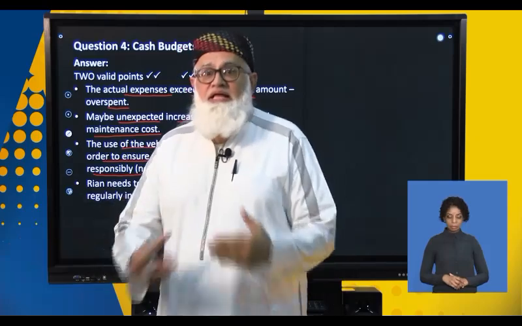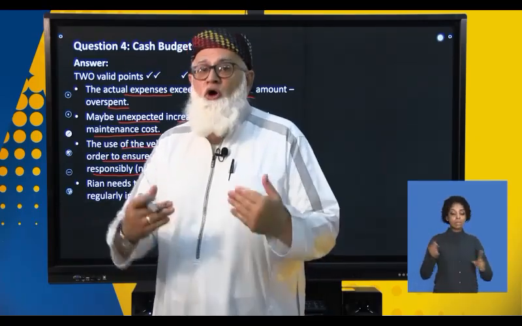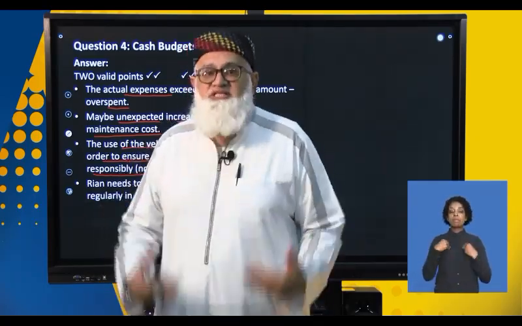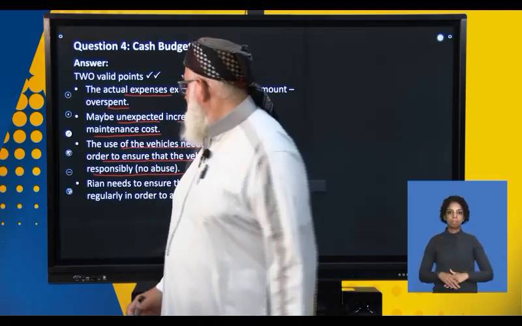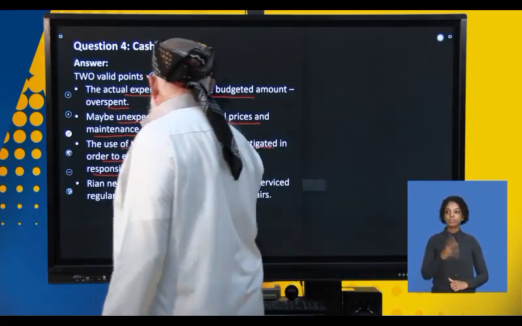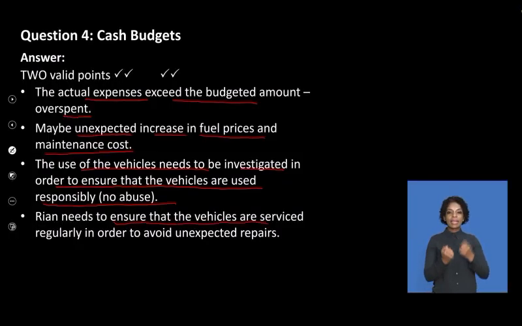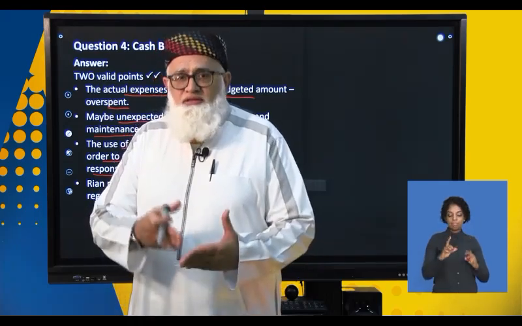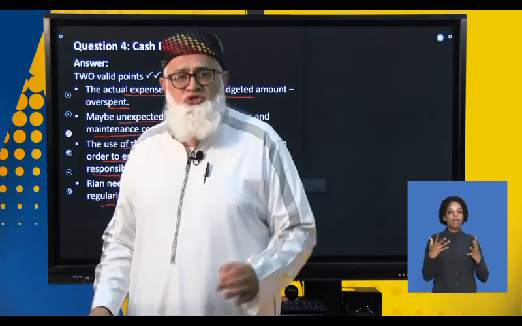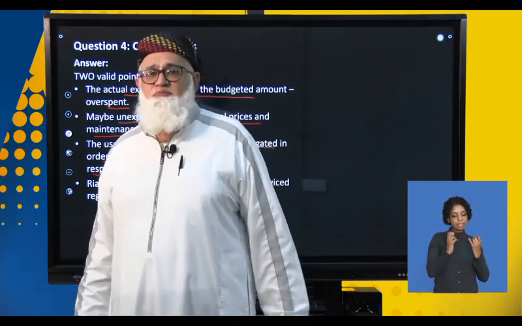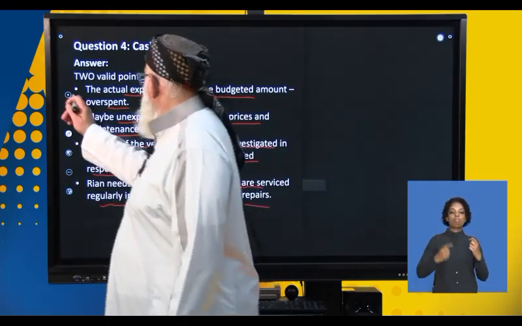So check if there's abuse of the vehicles, then obviously corrective measures have to be taken. Right. Also, we need to ensure that our vehicles are serviced regularly in order to avoid unexpected repairs. Yes, if you've got a maintenance budget, spend it and ensure that your vehicles are kept in tip-top condition so you don't have unexpected expenditure.